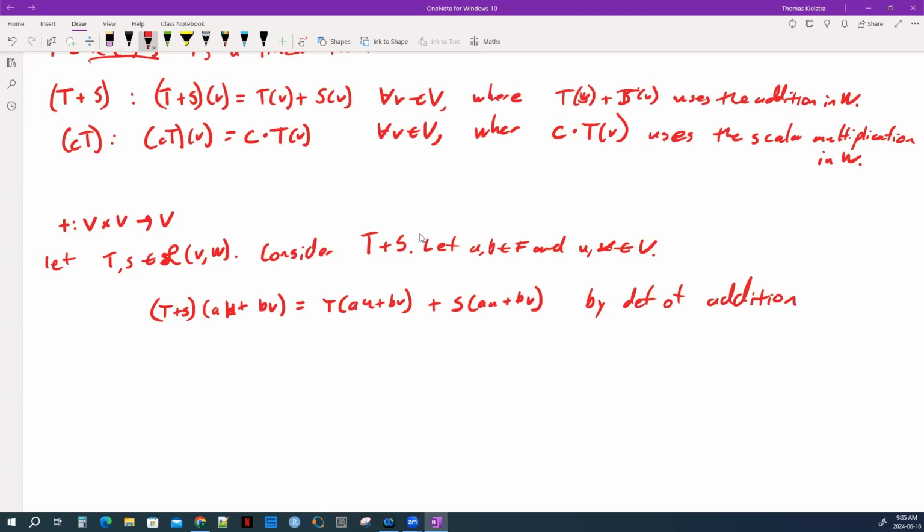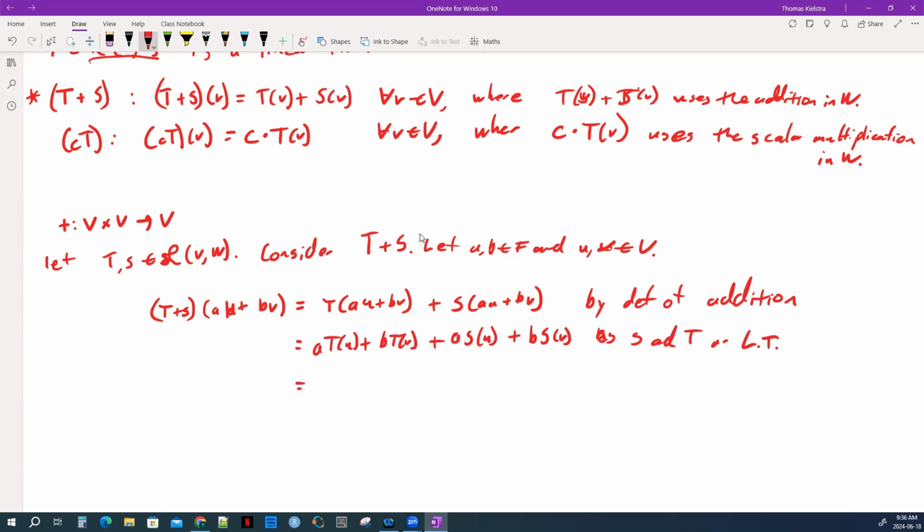So using the definition of addition, which I have up here, and now I can use the fact that they're linear transformations. So this is aT of u plus bT of v plus aS of u plus bS of v, as S and T are linear transformations.